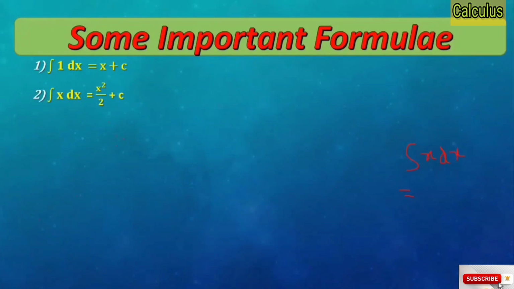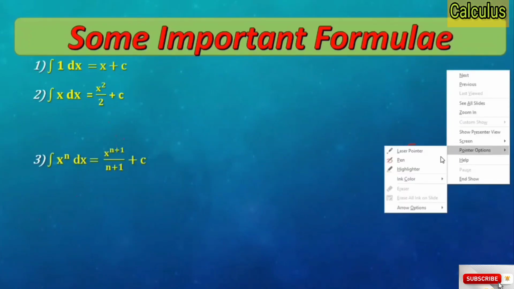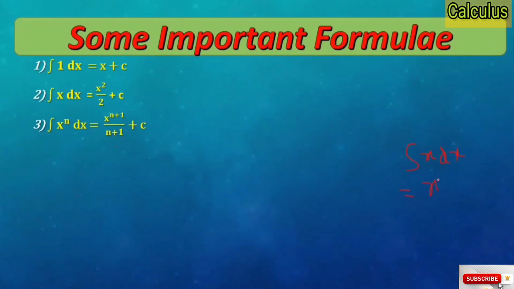In number 2 you can see integration of x dx is equal to x square by 2, that is x to the power 1 plus 1 by 1 plus 1 plus c.